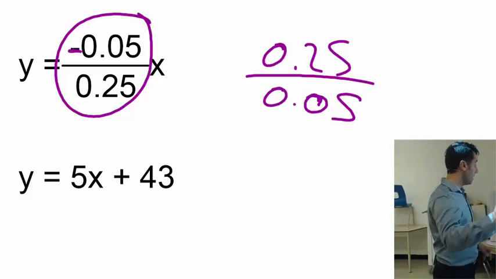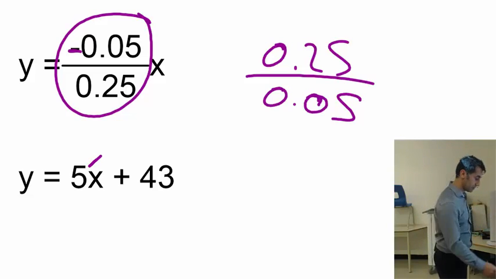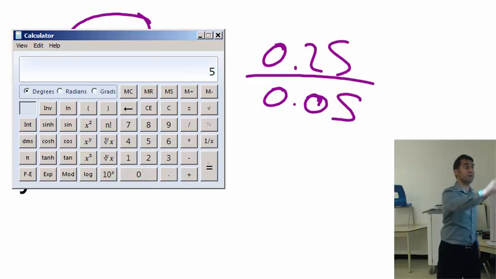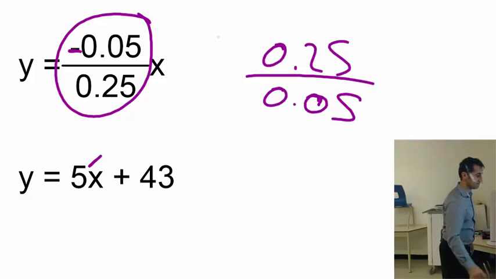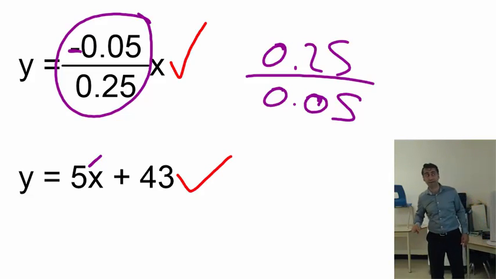So I'm going to have that, but I have 5 here. So let's calculate. What is 0.25 divided by 0.05? That will give me 5, meaning these two lines, actually, they are perpendicular.